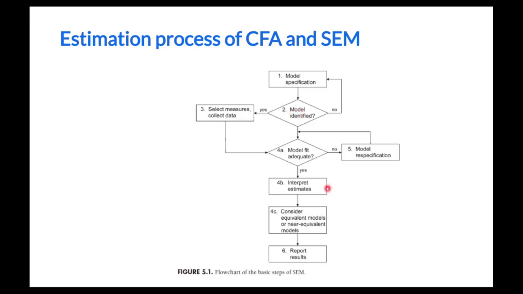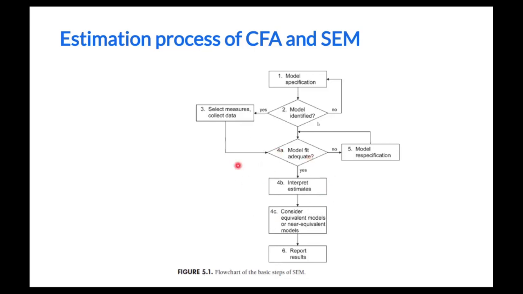When we have made the model specification, we need to check the adequacy of the model: whether our hypothetical model finds evidence, using our data, to confirm or disconfirm our hypotheses about the measures or about the relations between latent variables. If we have information in favor of our hypothetical model, then we can interpret the estimates.